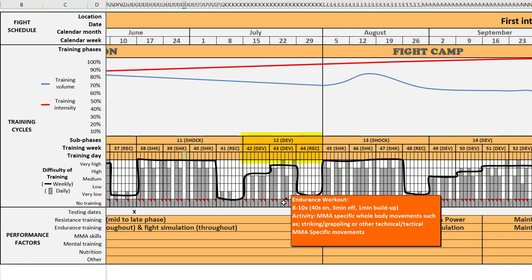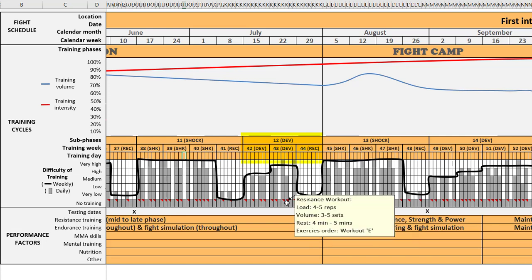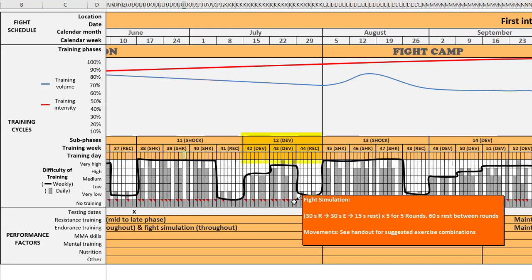Again, the endurance workout is mirrored. It's MMA specific this week. And now we're using workout E, which is also a power-based workout. So that's very important. You need to be moving between strength workouts at the beginning of your weeks and then power workouts at the end of your weeks with a very similar rep scheme.